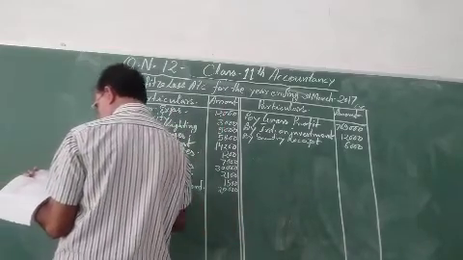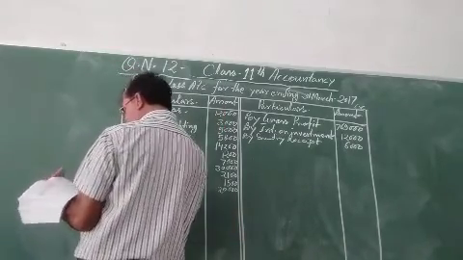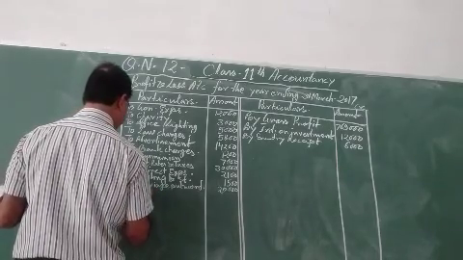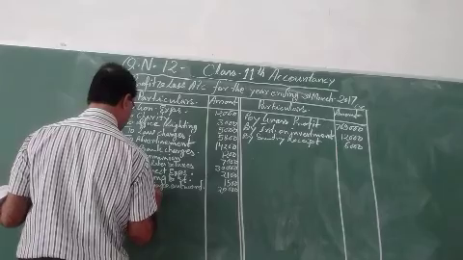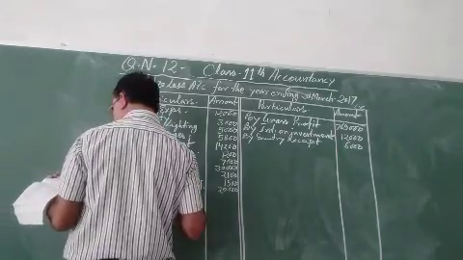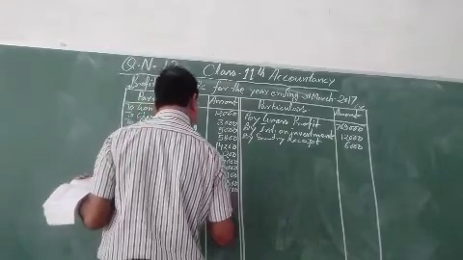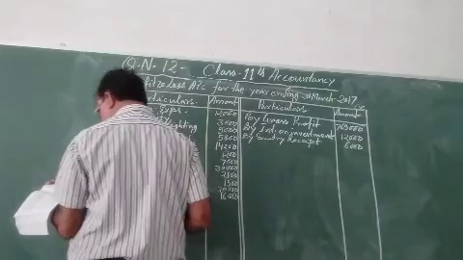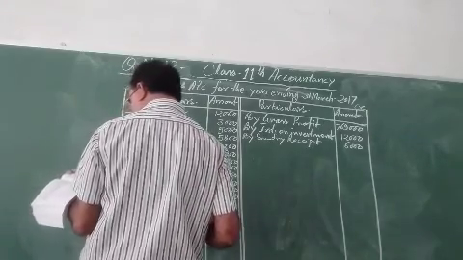Next one, office expenses, that is given to office expenses, that is 16,000. All the expenses are recorded in the profit and loss account, debit column.